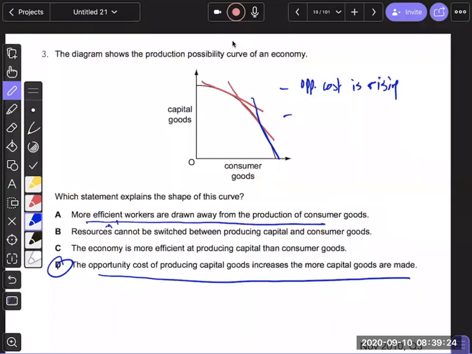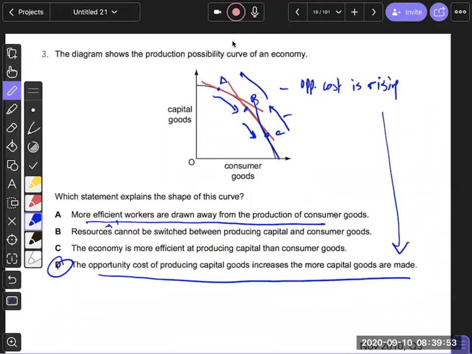If you move from C to B to A, as capital goods are increasing, workers who are probably good at one thing can be drawn away, but the shape in itself is a rising opportunity cost graph, so you don't need to worry about that.